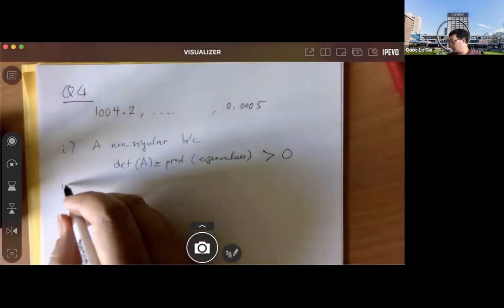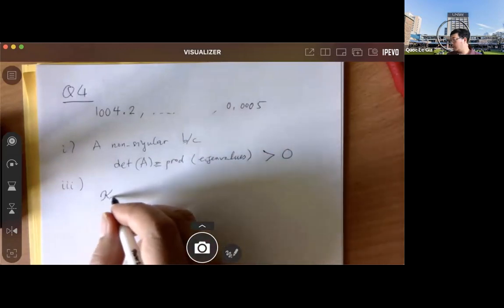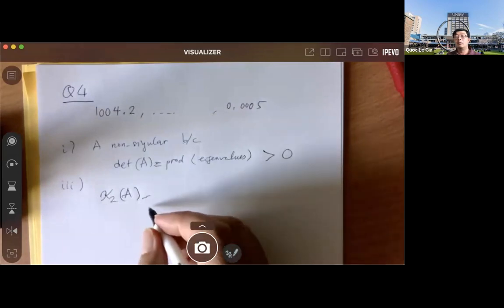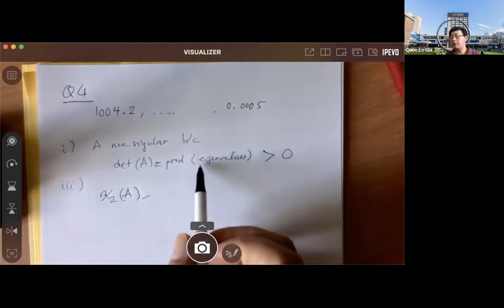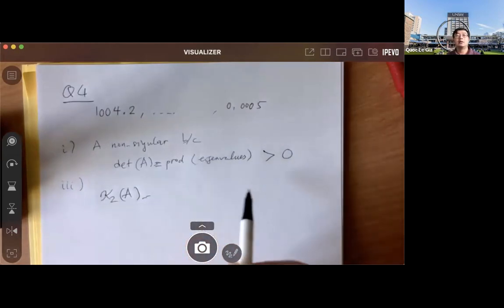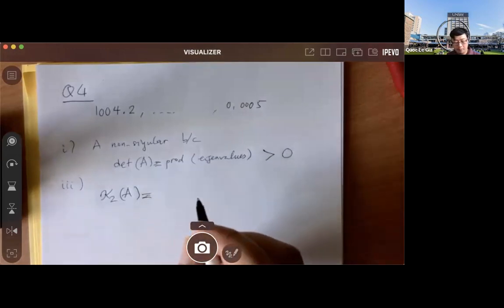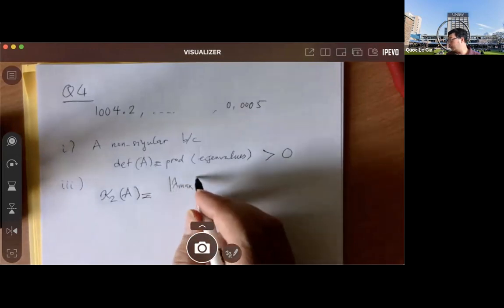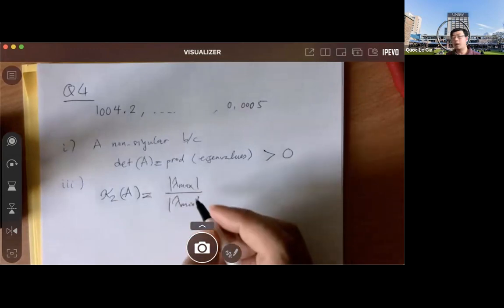And now what is the condition number in the 2 norm? So the condition number in the 2 norm of the matrix A will be, yeah, determinant not 0, then you have a non-singular matrix. So in this case, it's positive, therefore non-zero. Okay. So the condition number in the 2 norm takes just the largest eigenvalue in absolute value over the smallest eigenvalue.